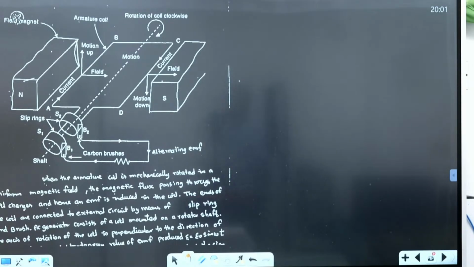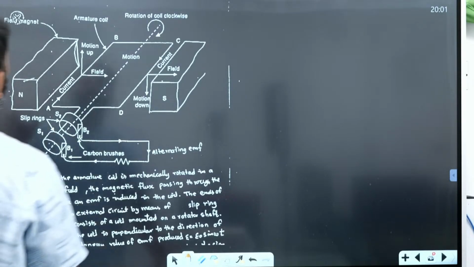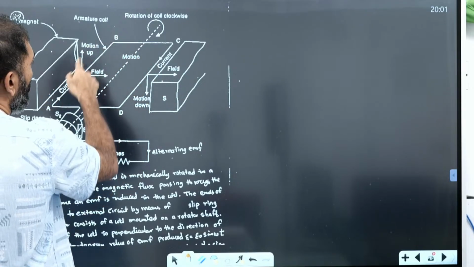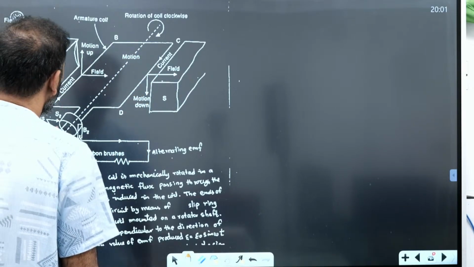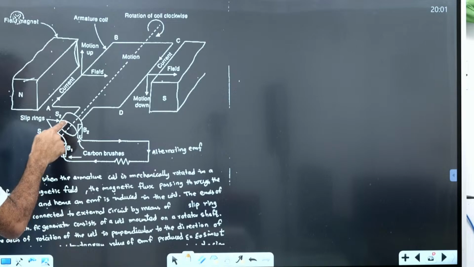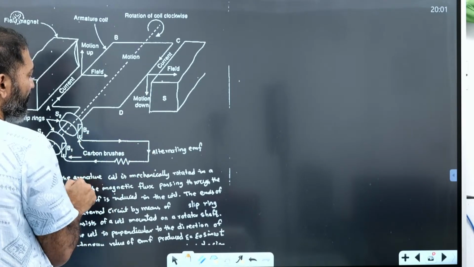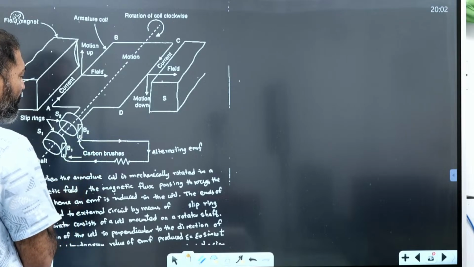See, you can apply Fleming's right hand rule to see north, south pole pieces of magnet. This is the armature coil. These armature coils are connected by slip rings, and these slip rings are connected to the external circuit by brushes B1 and B2.